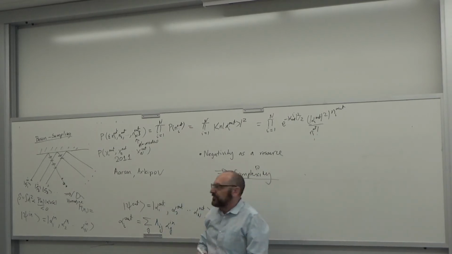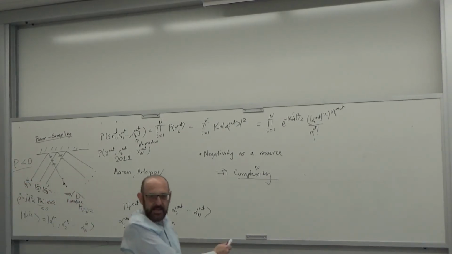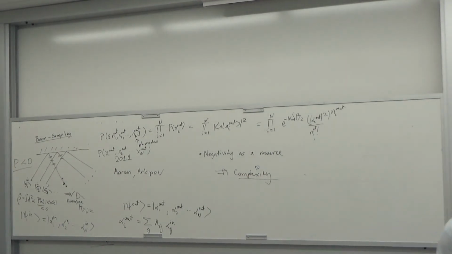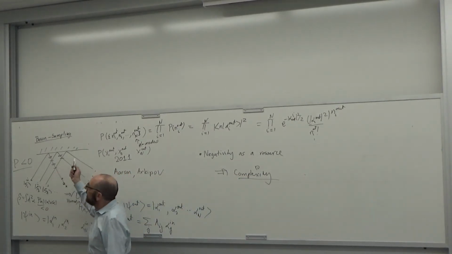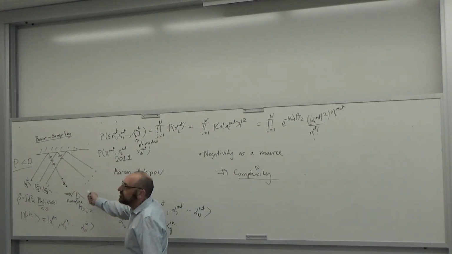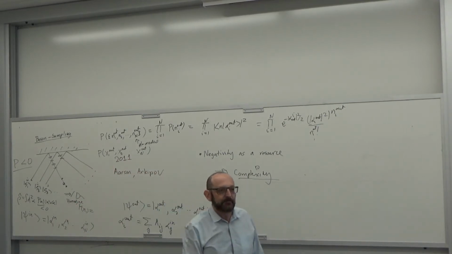For boson sampling, if I'm going to use photon counting, what's required is that the P function be negative. If I have non-classical light in the Glauber sense, then putting it through this linear optical network can generate complexity that I could not simulate efficiently classically.